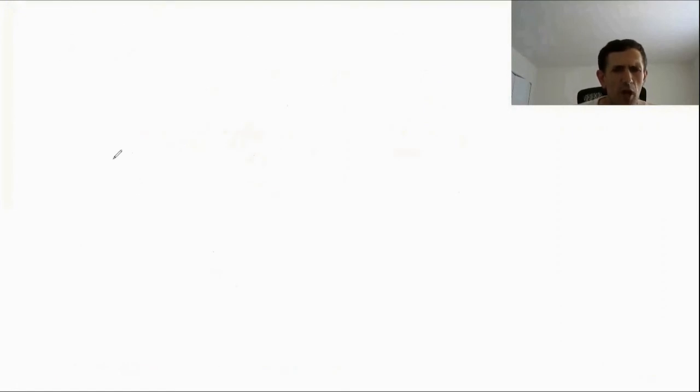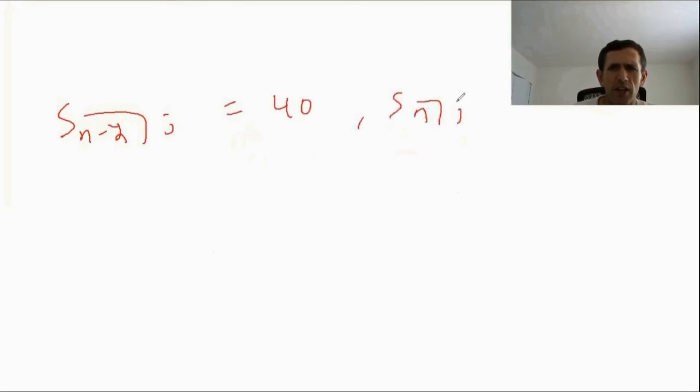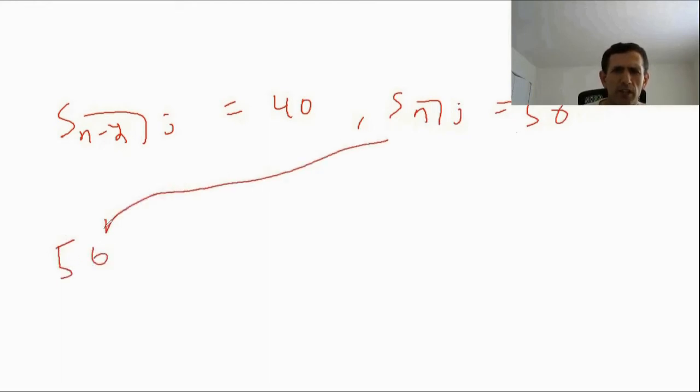Okay, so we're given that S_n minus 2j is 40. S_nj is 50. So again, I'm going to use my formula for S_nj in terms of S_n minus 2j.